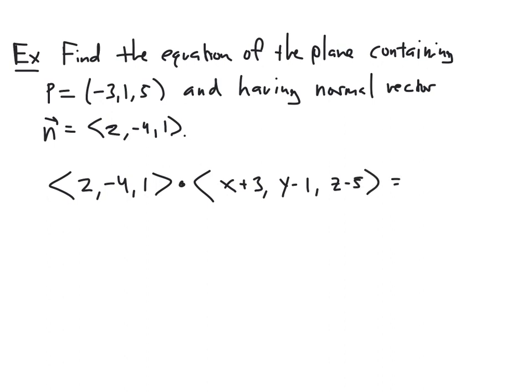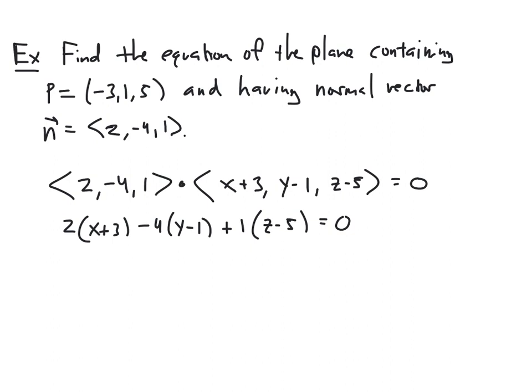And we want this all to equal 0. Okay? And so we can do this dot product out. So this would be 2 times x plus 3 minus 4 times y minus 1 plus 1 times z minus 5 equals 0.